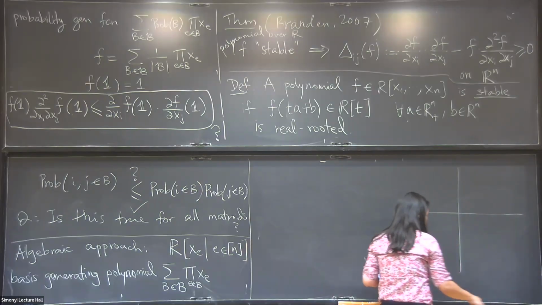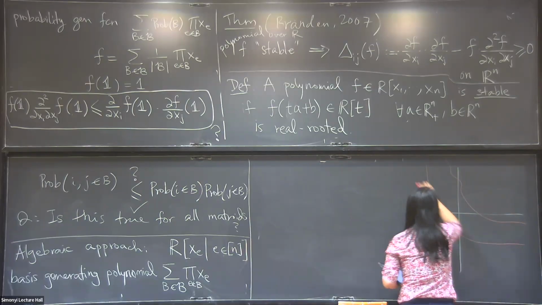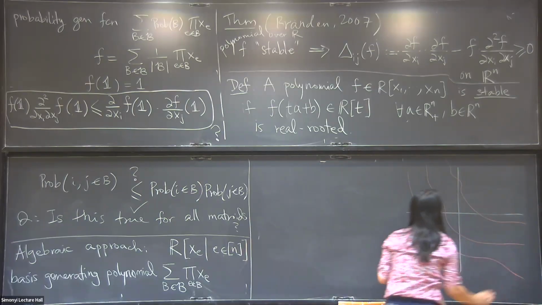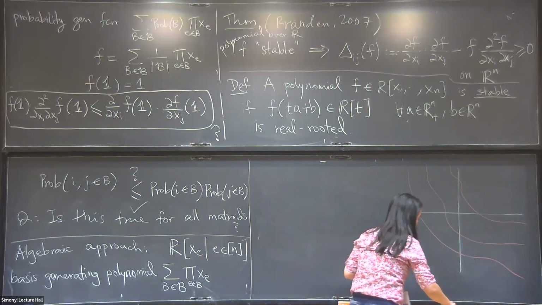Suppose this is in my R^n. And then if I look at the vanishing locus of my polynomial, it has to look something like this. So this is like a picture of stability.